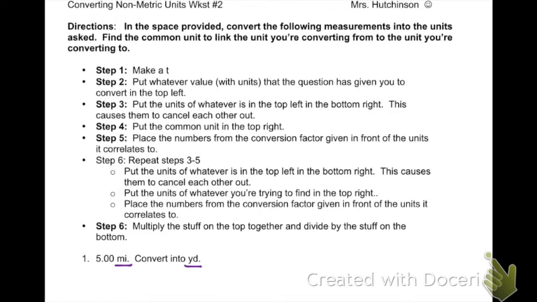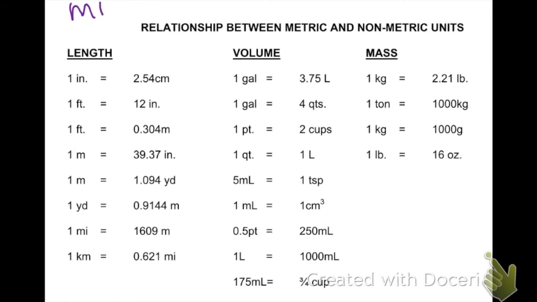So let's go back and take a look at that conversion sheet and see which conversion we're going to be using. So we're going from miles to yards. So we're going to find a way to do that. Looking through this, we've got miles to meters, or we could go from kilometers to miles.